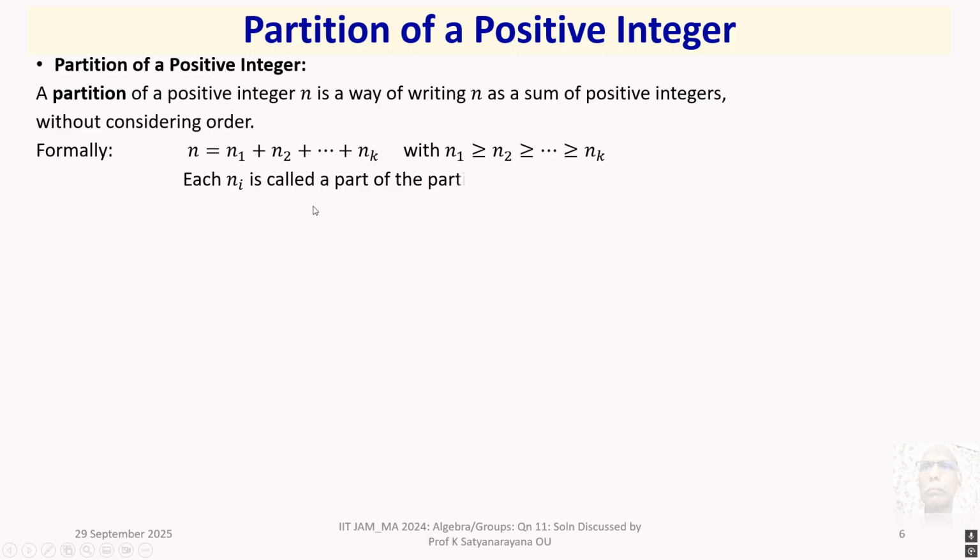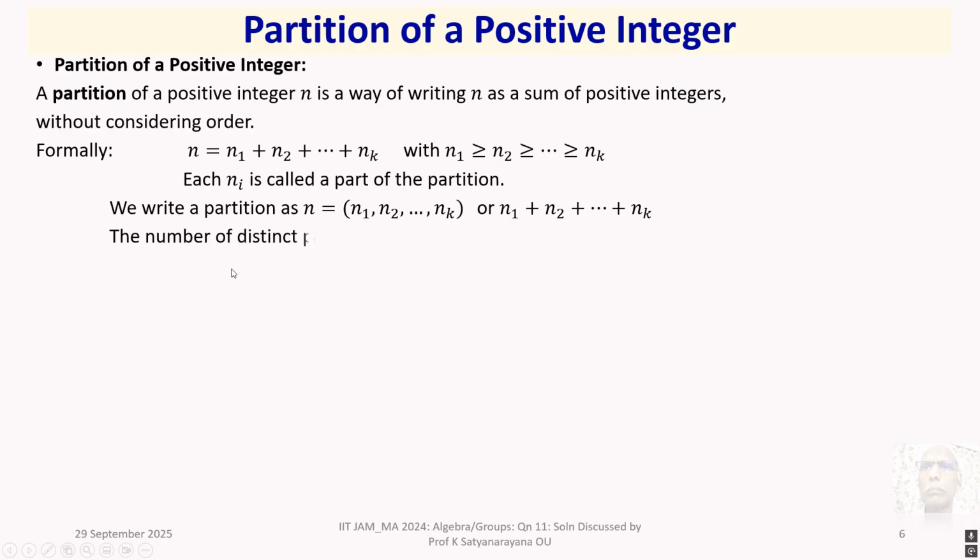Each ni is called a part of the partition. We write a partition as n is equal to bracket n1 comma n2 comma etc comma nk, or sometimes we write n1 plus n2 plus etc plus nk. The number of distinct partitions of n is denoted by the partition function p of n.